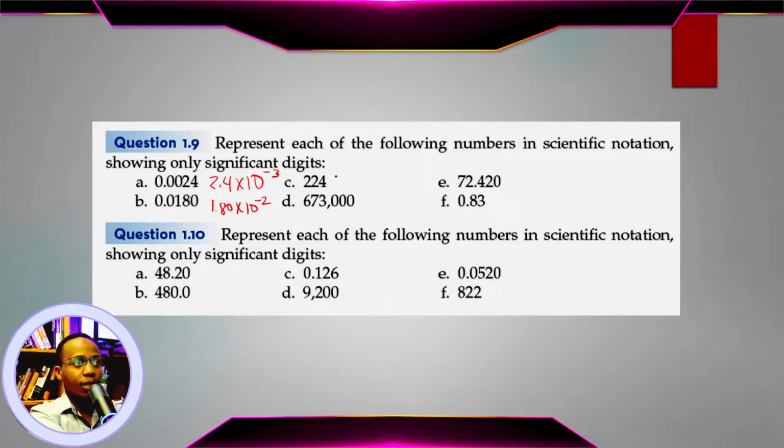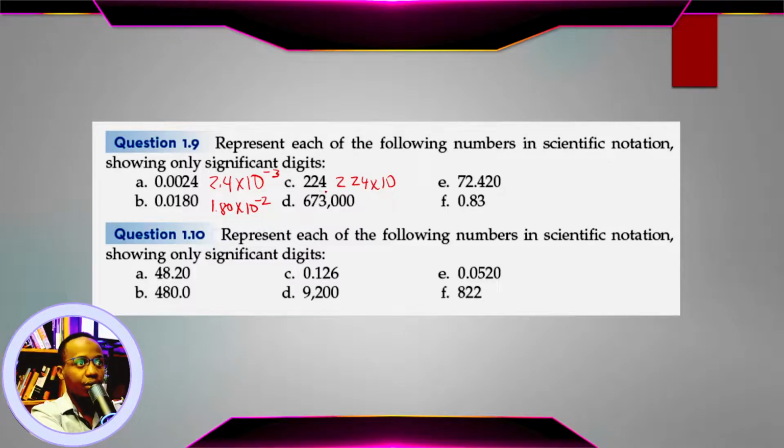And look at this one. These ones are bigger than 0, so not lower than 0. So that means that we go to the left until we have one number. So it's 2.24 times what? Times 10 to the, how many times did we move?